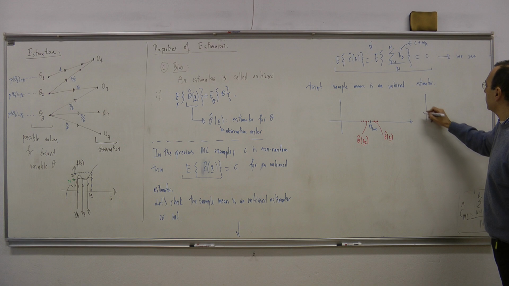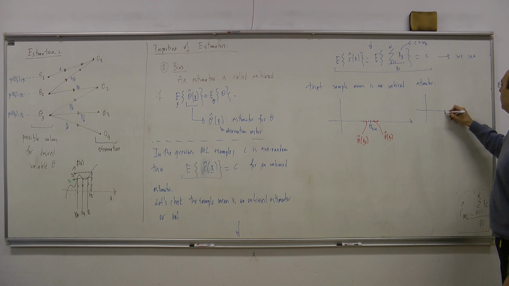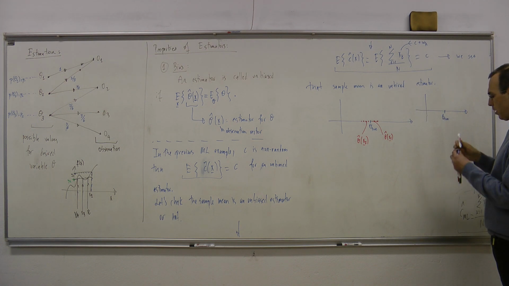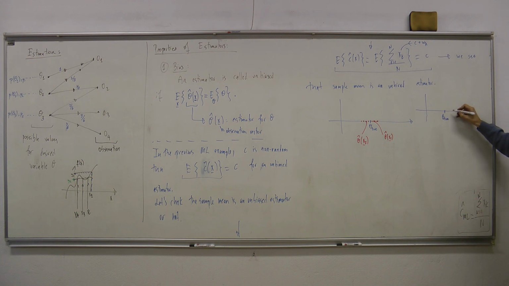In some cases you may have a situation like this, where your estimates are skewed to the right. This is no good in the sense that their average behavior is around this point. Let me say that this is the expected value of theta hat of x over the x observations.